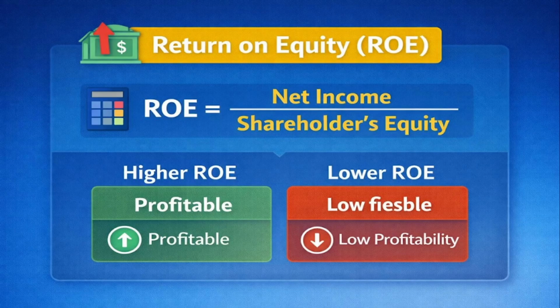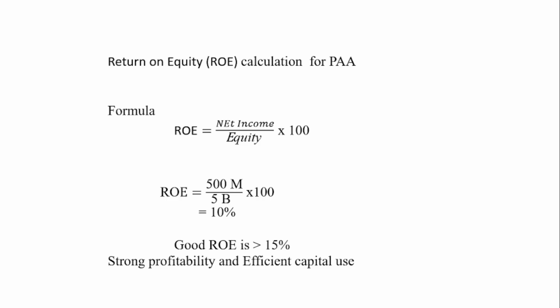Return on equity, ROE. What is ROE? It measures how efficiently a company uses shareholders' money to generate profit. It's very, very important when you are going to invest. The formula for that calculation is net income divided by shareholders' equity. Higher ROE means higher profitability, lower ROE means lower profitability. Let's take an example from real stock values of PAA.